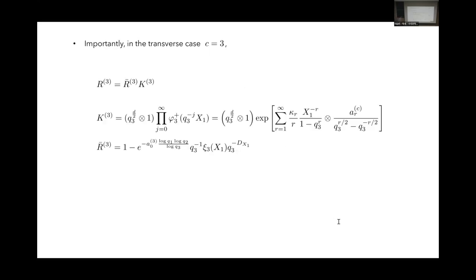So yeah, for the case of R3, the answer actually simplifies. All the higher order terms just vanish, and it just becomes a first order difference operator. Remember, the Miura operator for the W algebra was a first order differential operator. So this is the uplift of it.